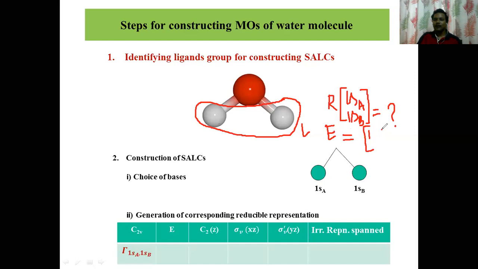That is going to be 1, 0, and 0, 1, right? Therefore, the character for this identity is going to be 1 plus 1, so that is going to be 2. So I write 2 here.